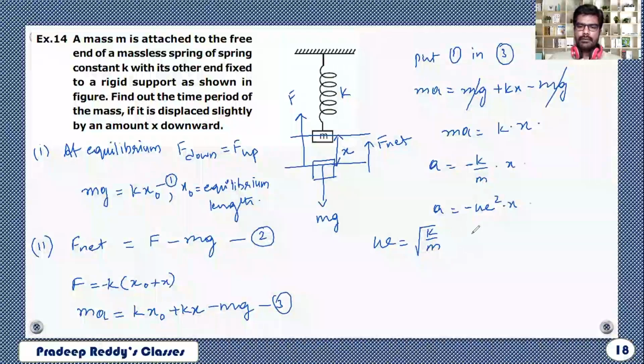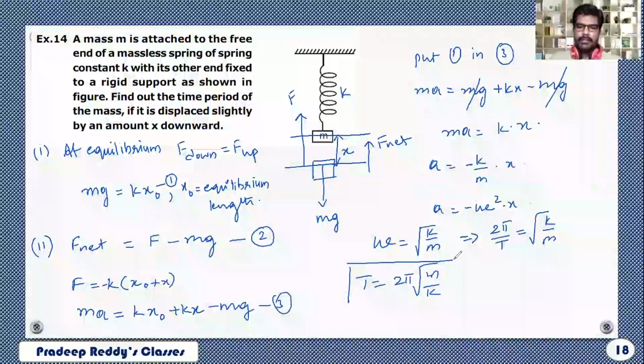From this, you can write 2 pi by capital T is equal to under root k by m, and T will be equal to 2 pi under root m divided by k. This is the equation for the time period of simple harmonic motion, and it is only dependent upon the mass of the object and the spring constant k.